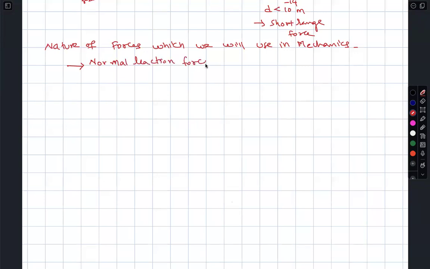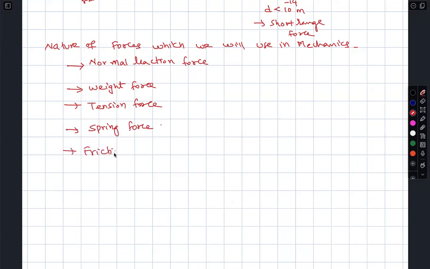I will explain every force in detail. Weight force, tension force, it can be in a string or rod. Spring force, friction.